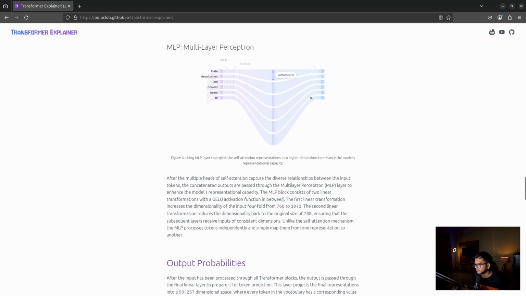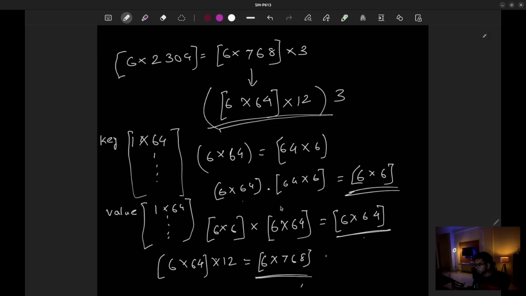It is written here, it has two linear parts. The first linear transformation increases the dimensionality of the input fourfold, so 768 multiplied by 4. The output that we got from the attention heads will get passed through the MLP layer. Let me quickly show you something.